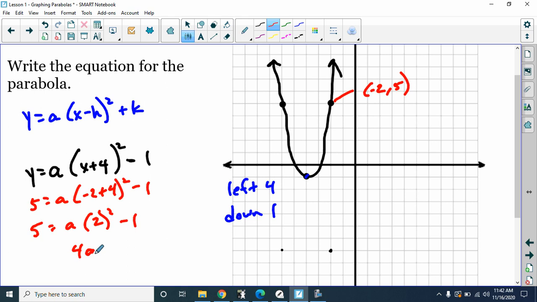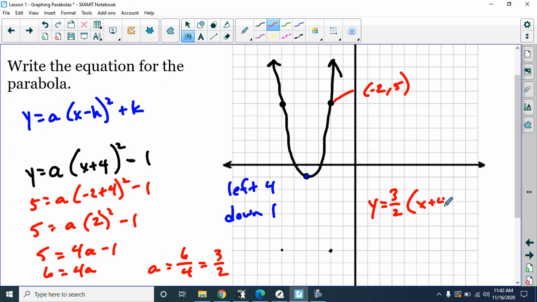This should be 4a minus 1. Add 1 to both sides and divide by 4. Final answer: y equals a, which is 3/2, times (x + 4) squared minus 1. And that is graphing parabolas, or writing equations of parabolas given their information.